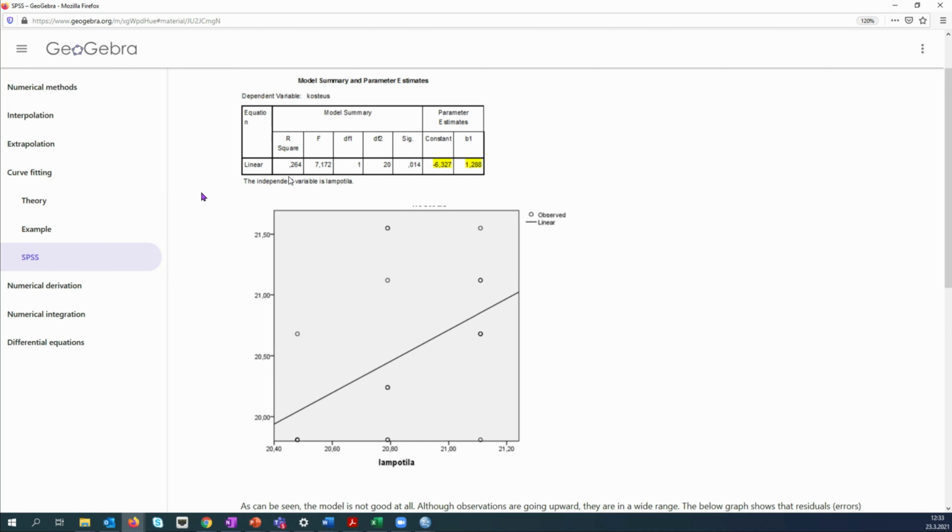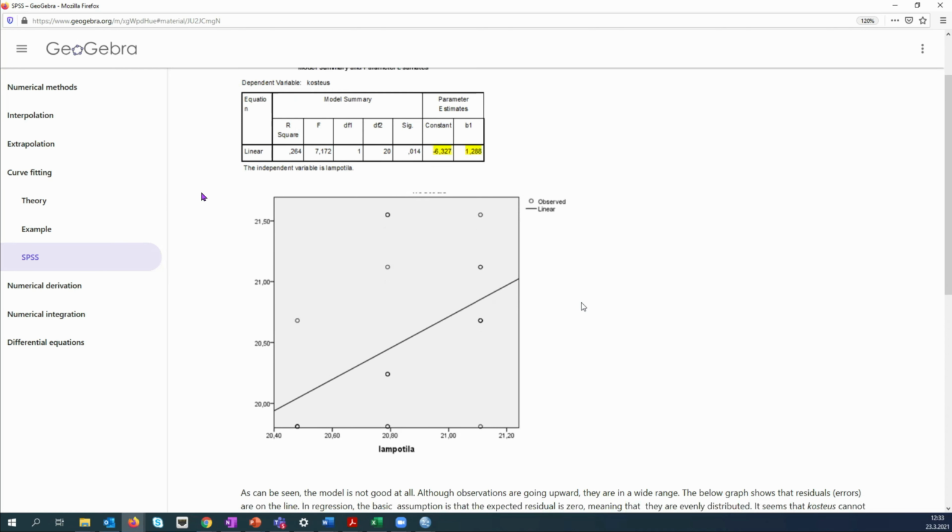But because the data I was given didn't have any other values and variables, I couldn't do it any further. So as you see, I could have obtained this function also with SPSS.